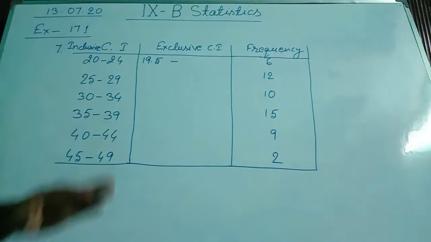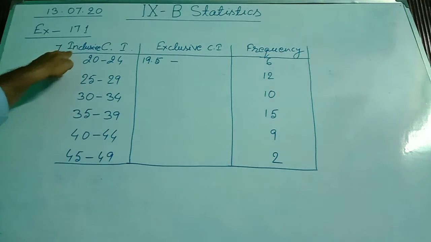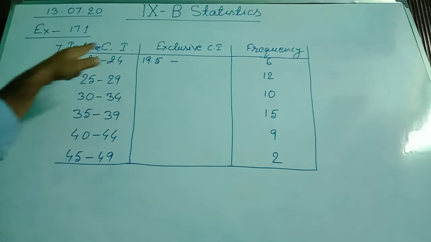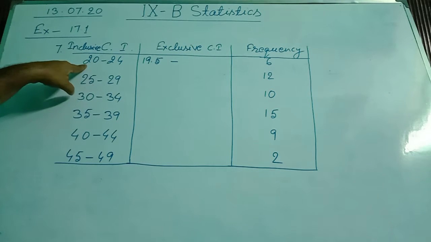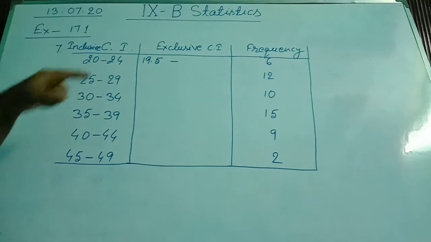As you know, to change inclusive to exclusive, we subtract 0.5 from the lower limit and add 0.5 to the upper limit.